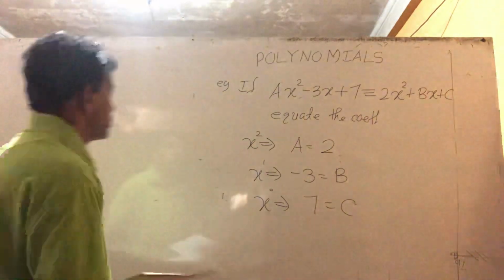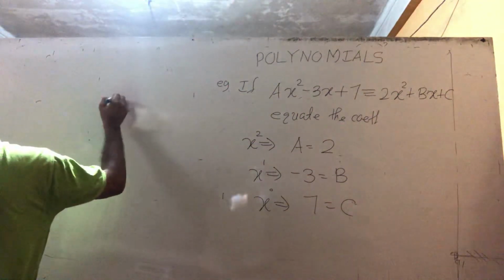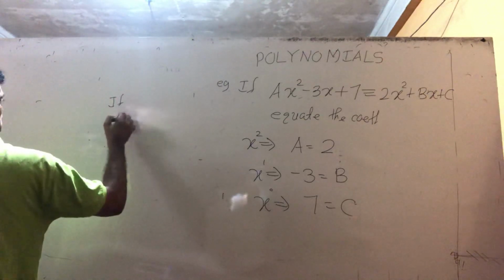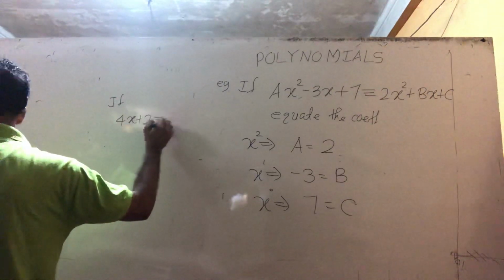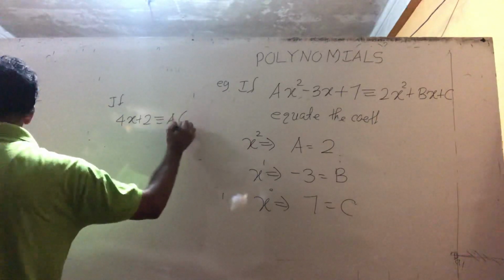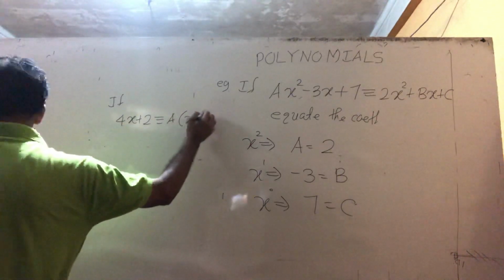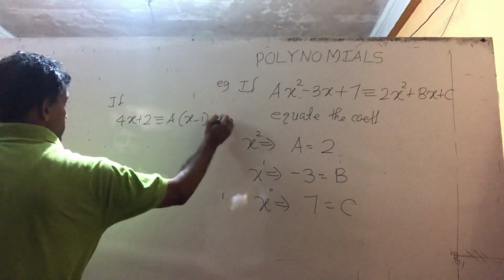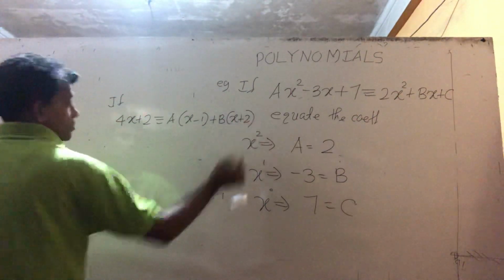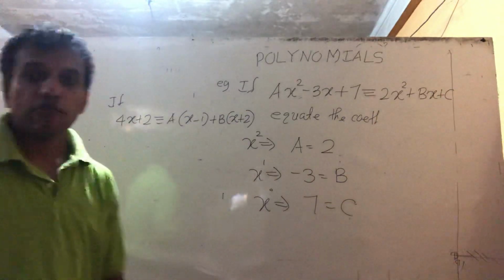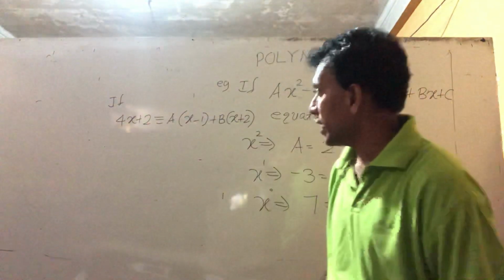Right, another example. If 4x plus 2 is identically equal to a into x minus 1 plus b into x plus 2. Find the values of a and b.